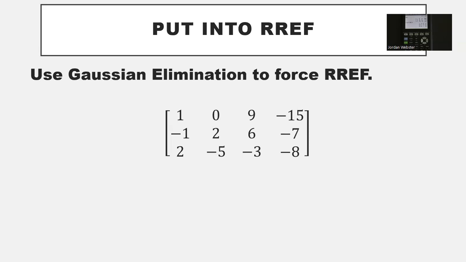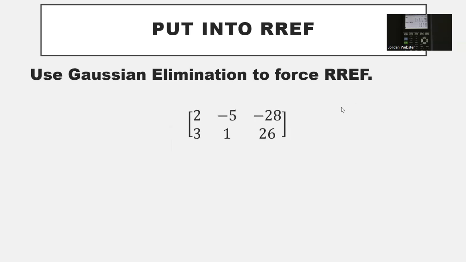Now there's one other way to do Gaussian elimination as well on our calculator, and that's to do step by step. So obviously I put this matrix in row reduced echelon form, or I found the row reduced echelon form of that matrix. But we could have also done Gaussian elimination in a step-by-step manner as well.